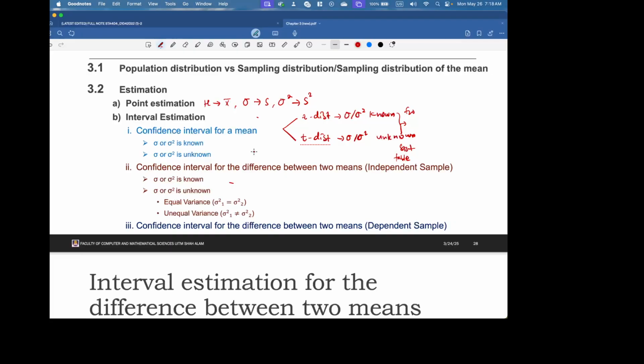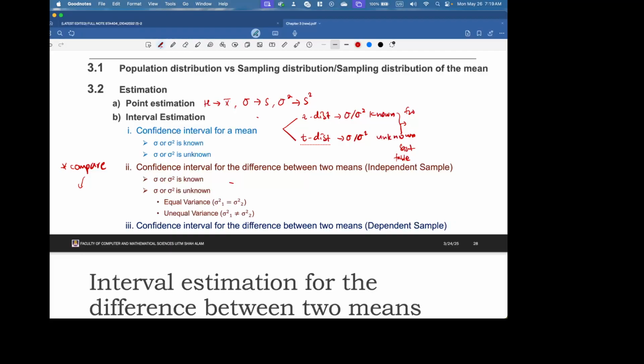Suppose that you want to compare. The word here is compare. If you want to compare the population means between two different groups, as an example, maybe you want to compare the mean between FSG students and archi students, right?